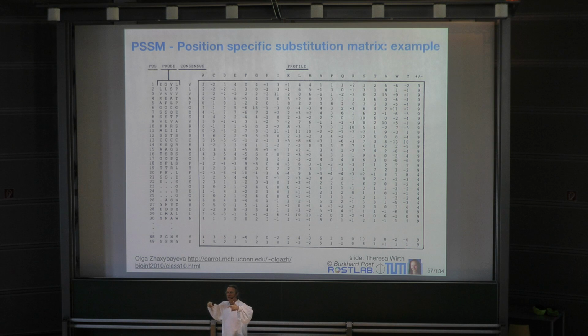Now comes protein 5, and protein 5 has a high propensity to put an M, L or I, and the highest for I at that point. Okay? So I come with a new sequence, protein 5. I will no longer use BLOSUM, I will use this specific matrix.